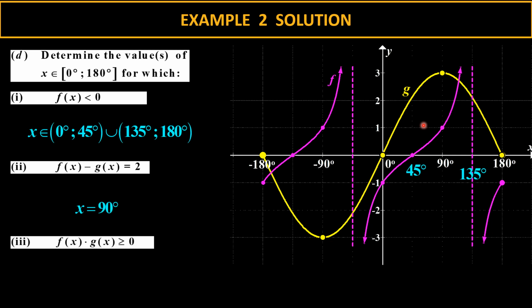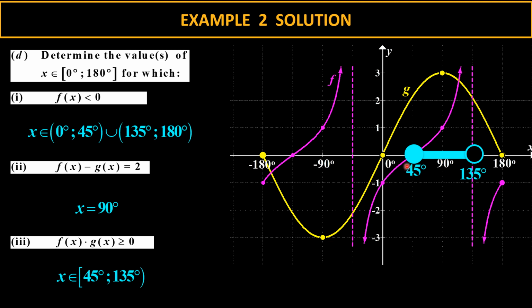The next question, the product greater or equal, where's the product positive? So what does positive mean? Both need to be positive or both need to be negative. And remember, I only want to look from 0 to 180. From 45, the sine is positive and the tangent is also positive.